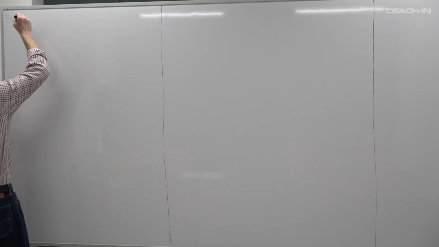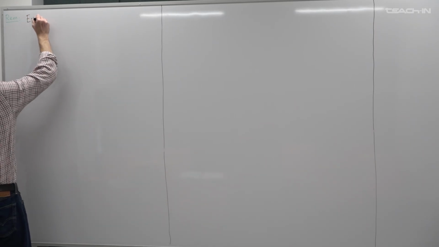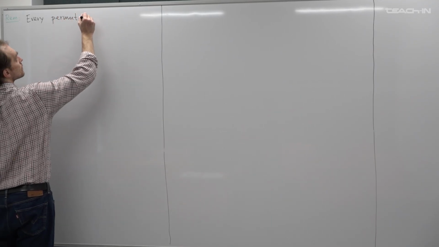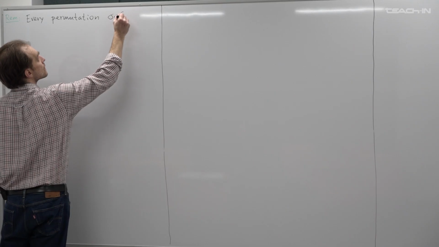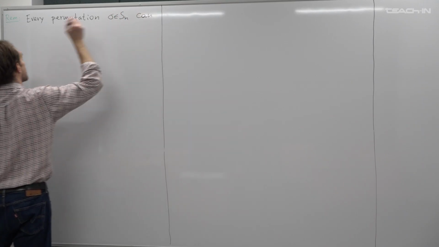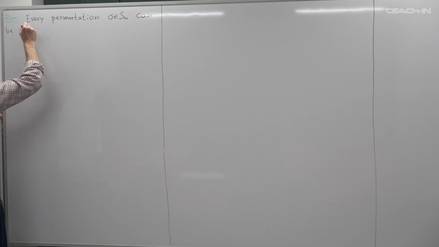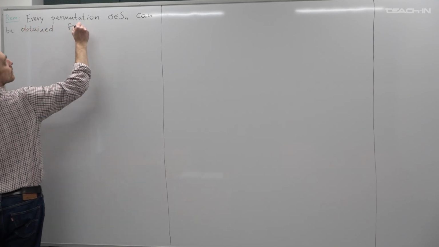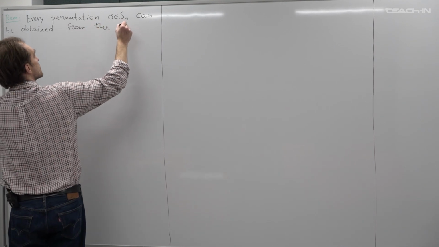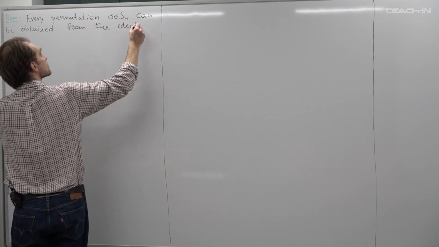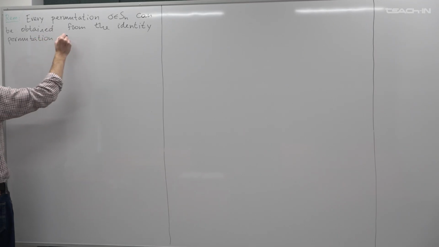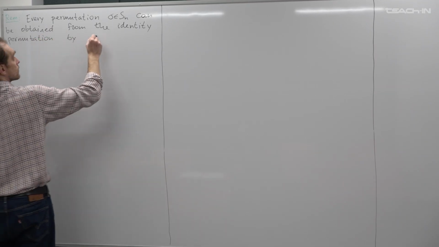So every permutation can be obtained from the identity permutation by a sequence of transpositions.